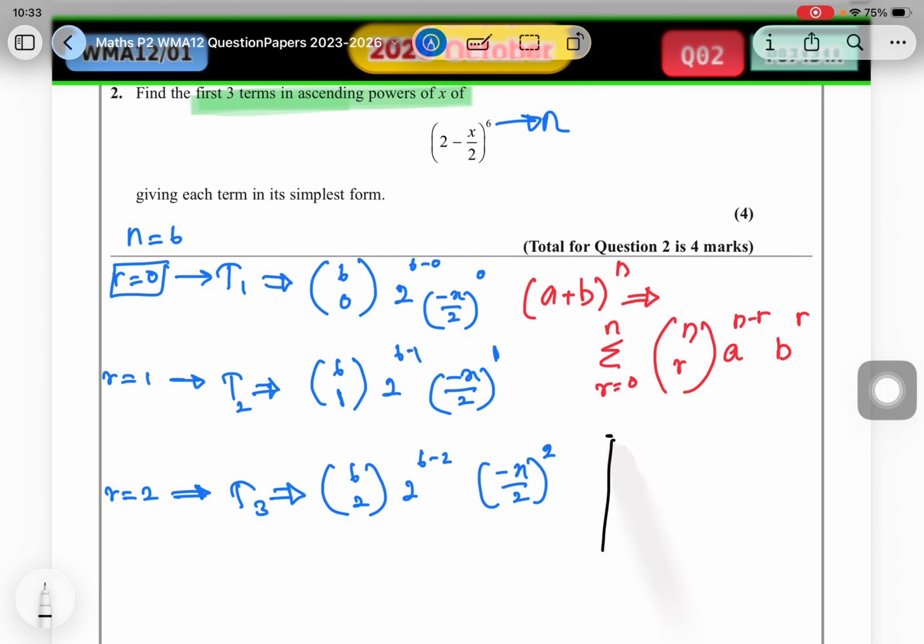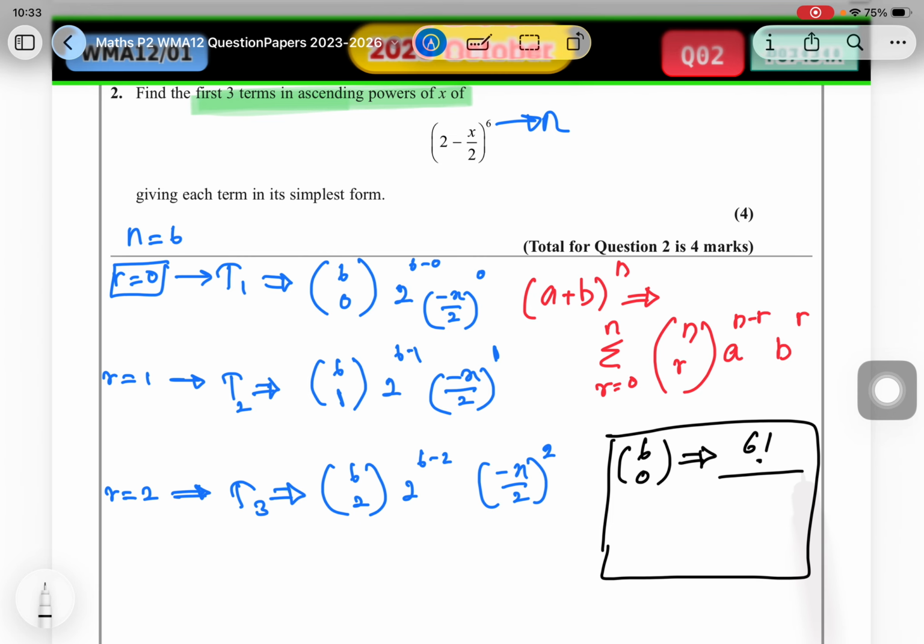I'll just do one example and show you how to do the 6C0. How that comes is factorial 6 divided by factorial 0 times factorial 6 minus 0. So if I write the common way, it's n factorial divided by r factorial and n minus r factorial. So in here we have that, so this would give you 1.